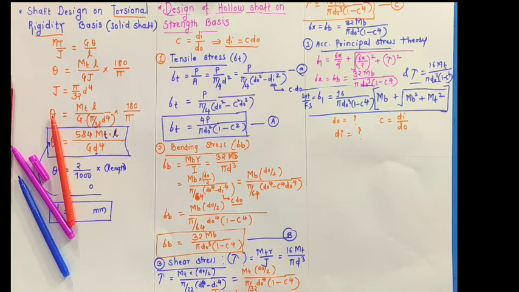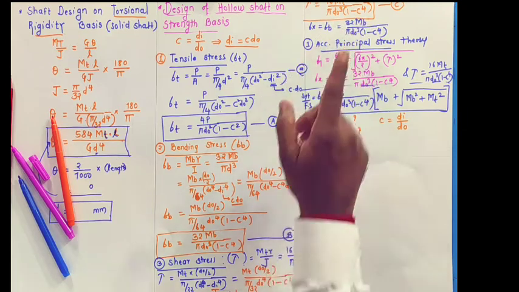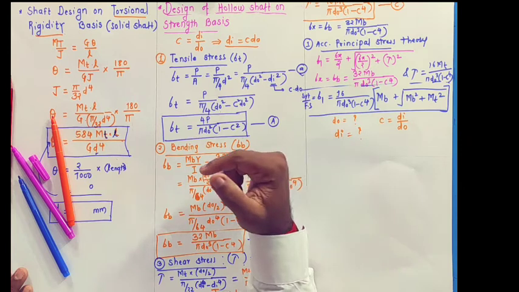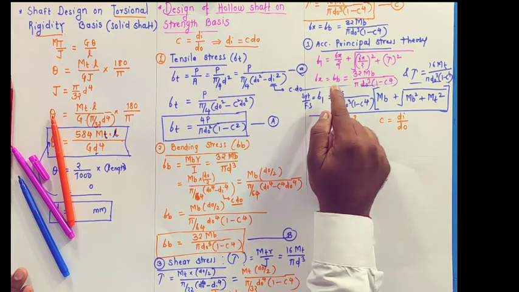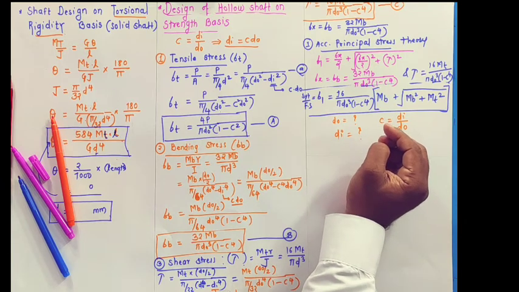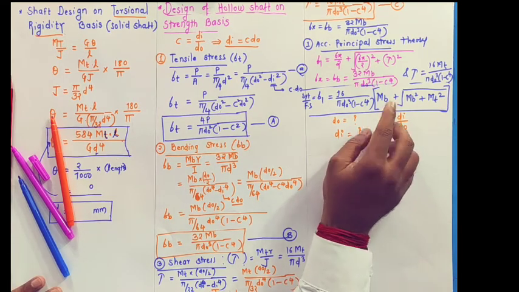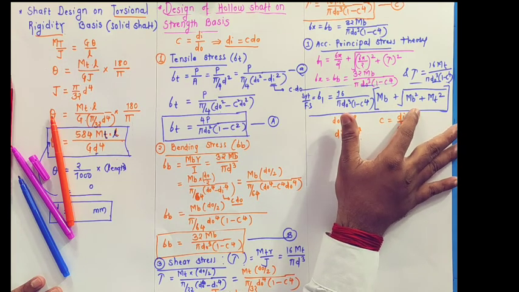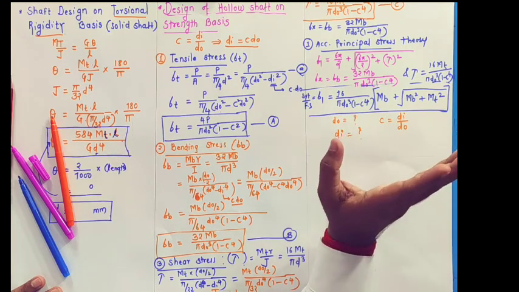For torsion, 16 Mt by pi dO cube into 1 minus C raised to 4. And considering the condition, according to principal stress theory, sigma 1 is equal to 16 by pi dO cube into 1 minus C raised to 4, in bracket bending moment plus square root of bending moment square plus torsional moment square.